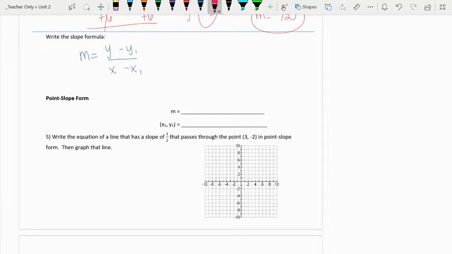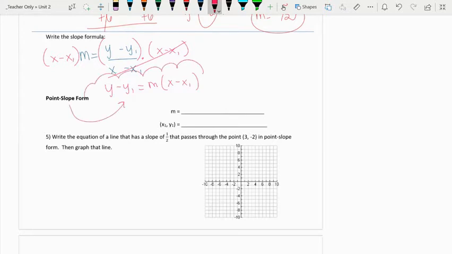What's going to happen is we're going to multiply by x minus x1 so that it cancels over here. And then I'm just going to rewrite it a little bit, okay? So we're going to put the y's first. So you have y minus y1, and then it's going to be equals m times x minus x1, okay? That actually is your point slope form.